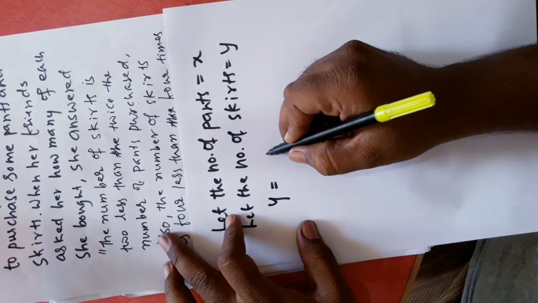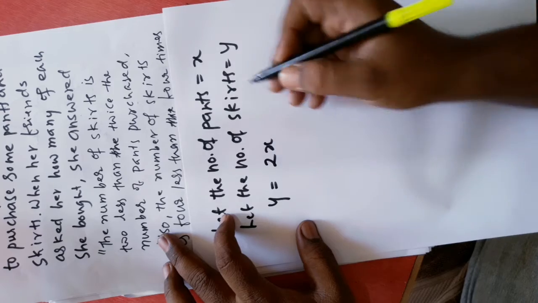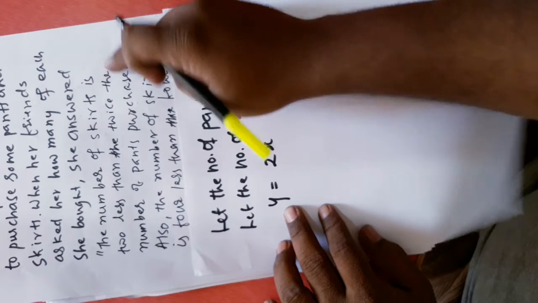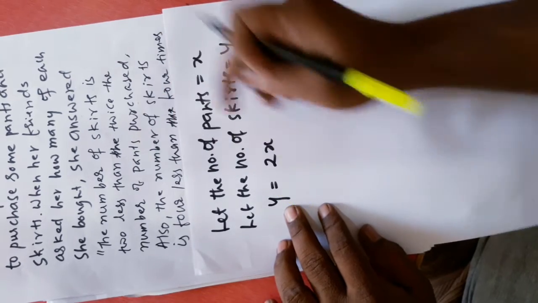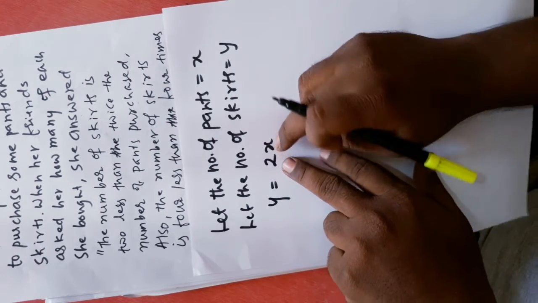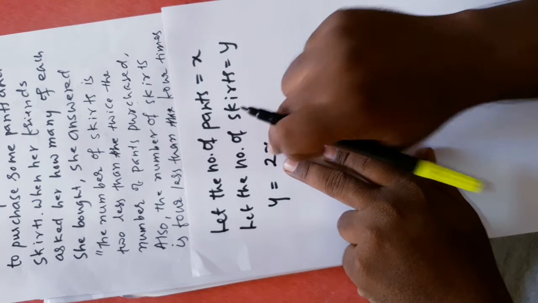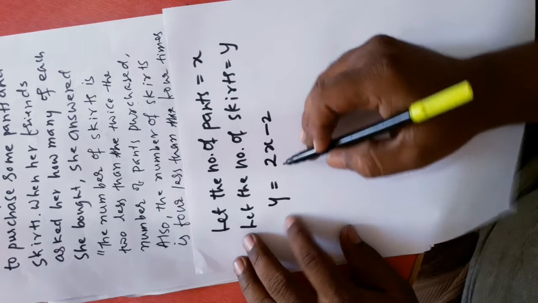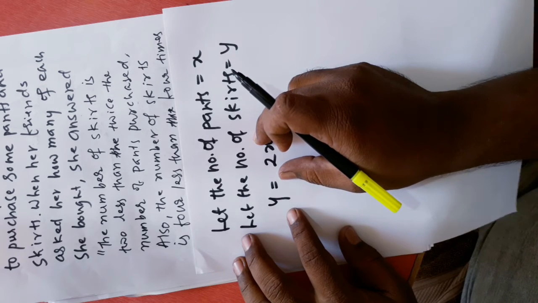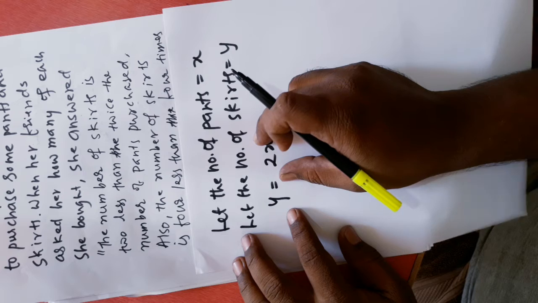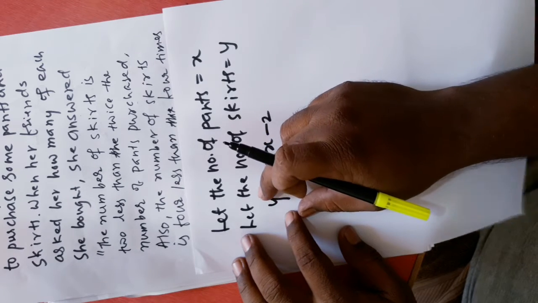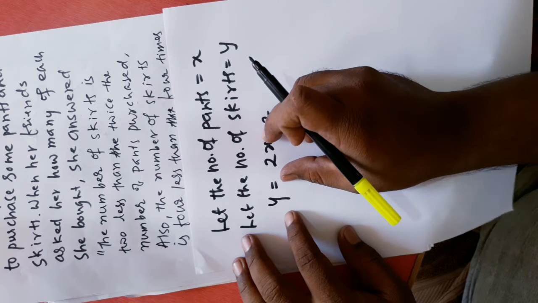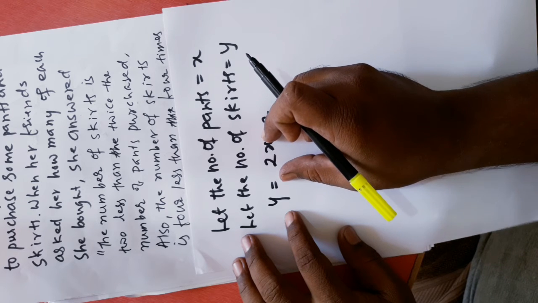Twice the number of pants is 2x. Number of skirts is equal to 2 less than this, that means we have to subtract, that is minus 2. So y is equal to 2x minus 2.